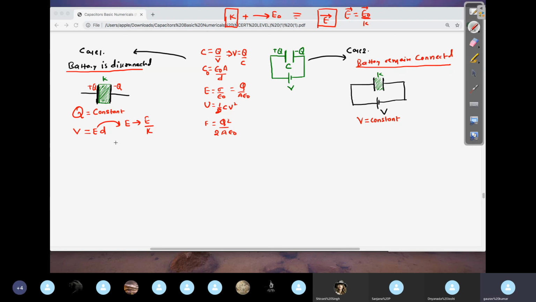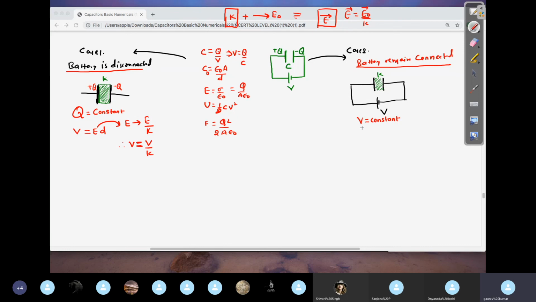You can see from here that if E becomes E by K, then definitely V will also become V by K. So the potential will decrease by a factor of K. Charge will remain constant, but potential will decrease by a factor of K.